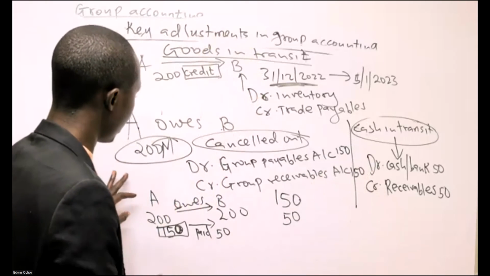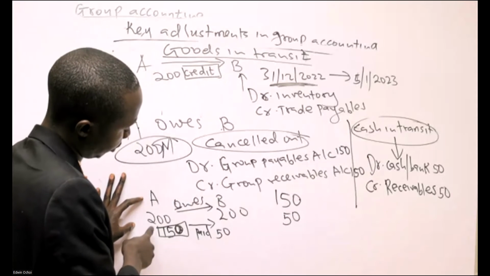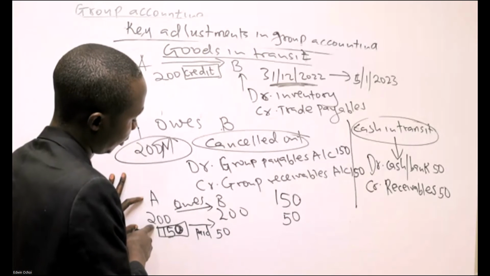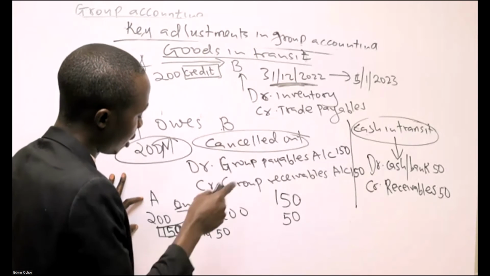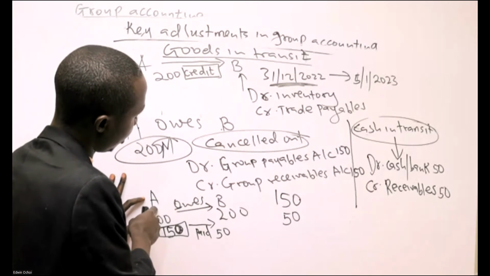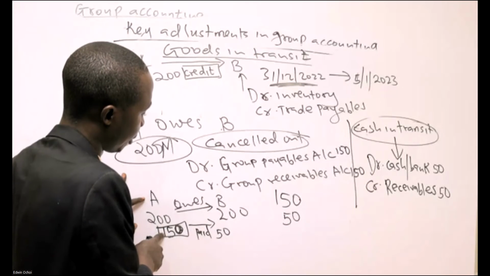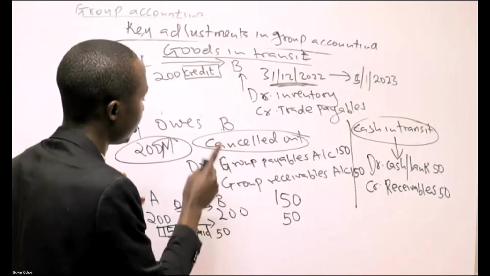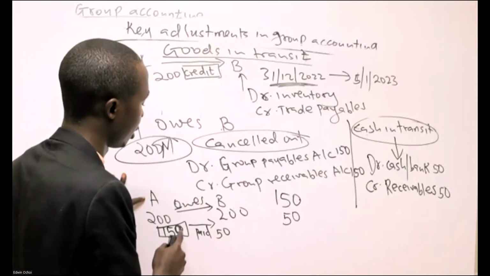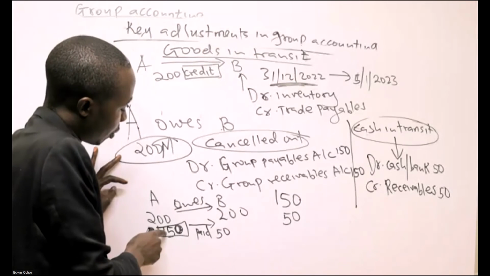So remember that this one was A, which owed B. A is supposed to pay B 200. By the end of the year, instead of the books of A showing that it's supposed to pay B 200, it's showing 150. But remember, in the books of B, it's still showing that he is supposed to receive 200. Why is this showing that A is supposed to pay 150?